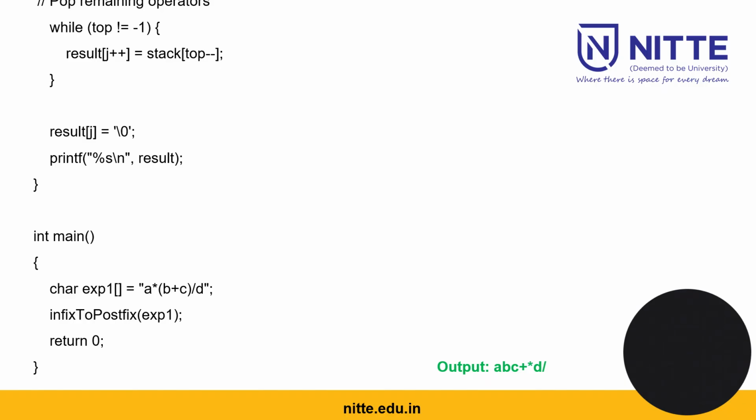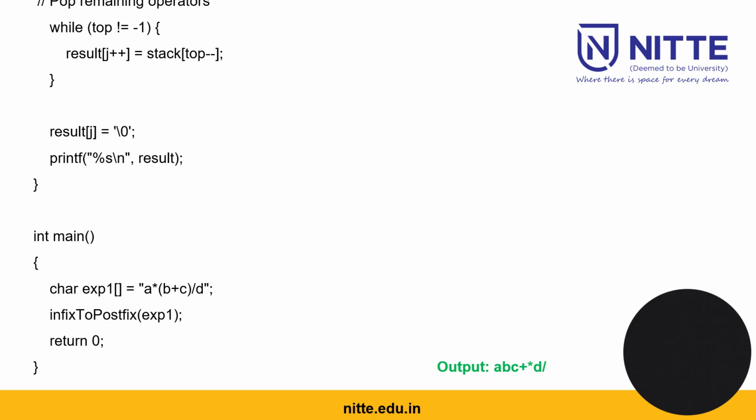Then we will write the main function here. Expression 1 is one array, and it contains a plus b plus c divided by d. This is the expression that we have. We want to convert it into the postfix expression, and it is stored in the array exp1.